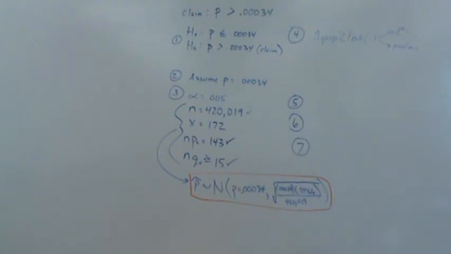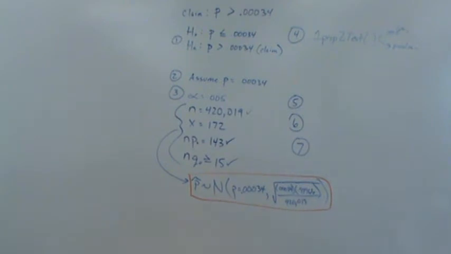My N is 420,019. And this is a right tail test, so I'm going to do greater than. My alternative hypothesis is greater than. And then calculate.